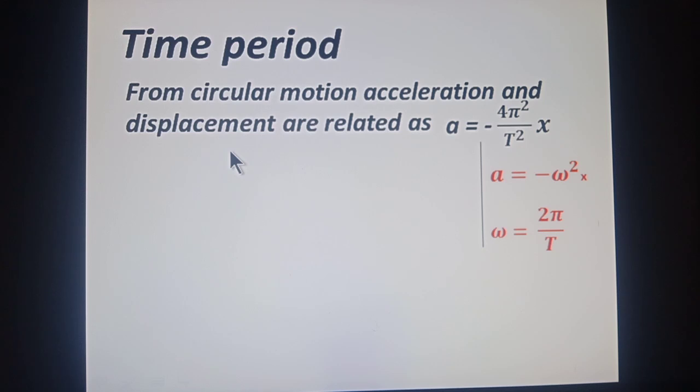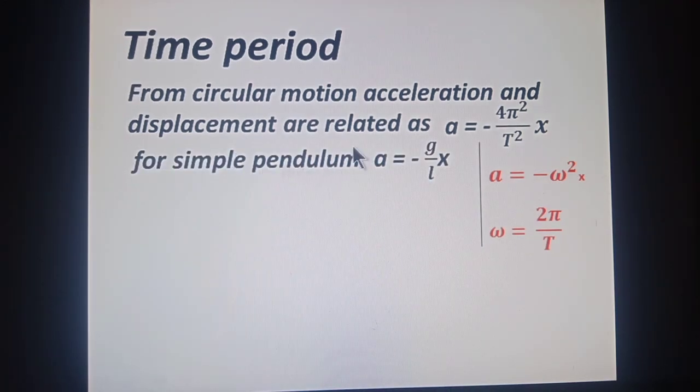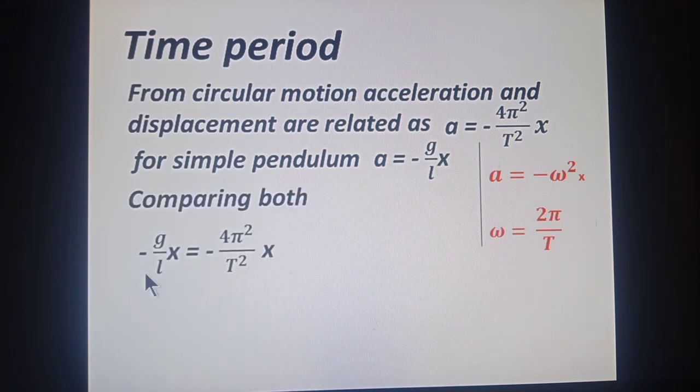And similarly, for a simple pendulum, acceleration equals minus g by L into x. Since these two equations represent acceleration, comparing these two relations, we get an equation like this: the value of acceleration in case of simple pendulum equals the value of acceleration in case of circular motion. On both sides of this equation, the negative sign cancels with the negative sign, and x cancels with x.